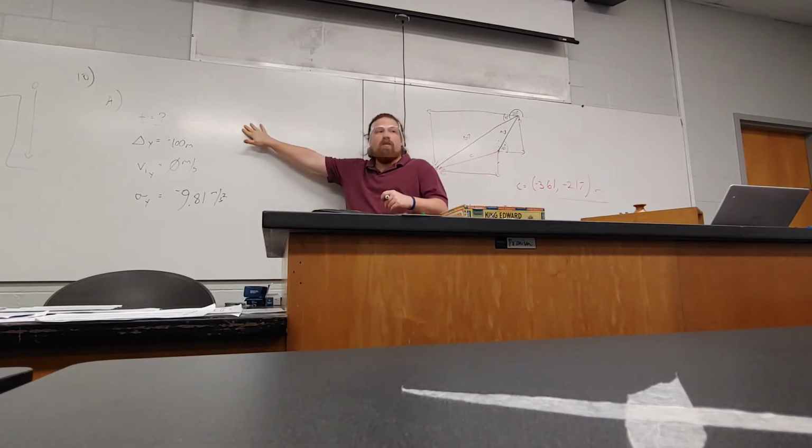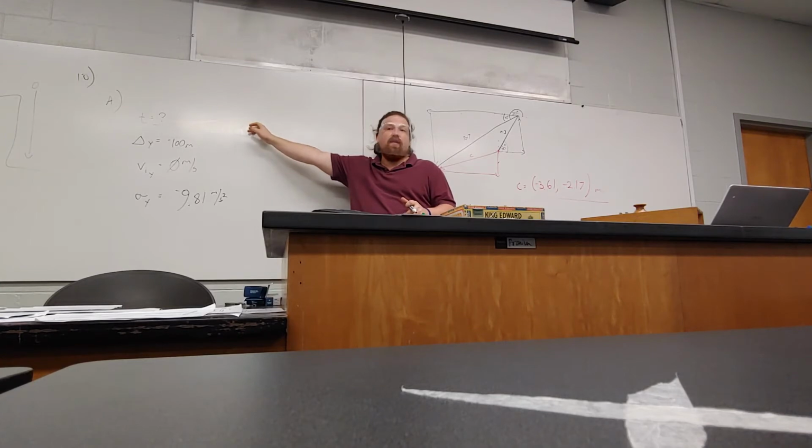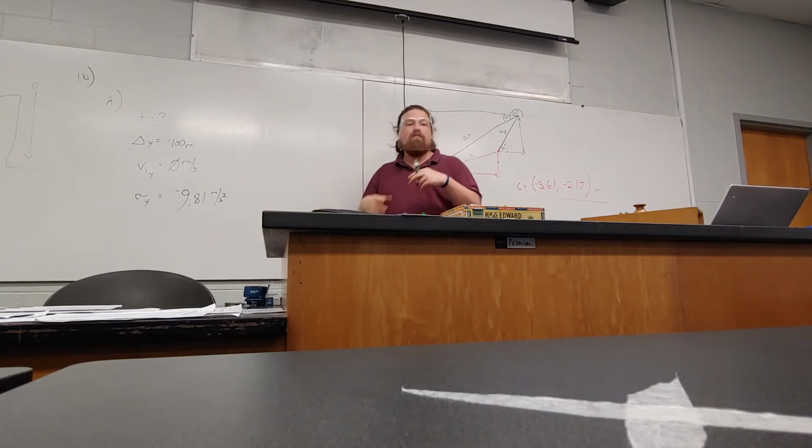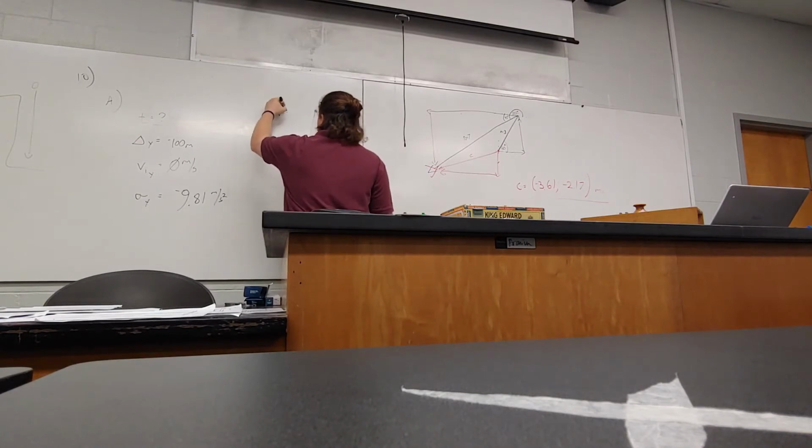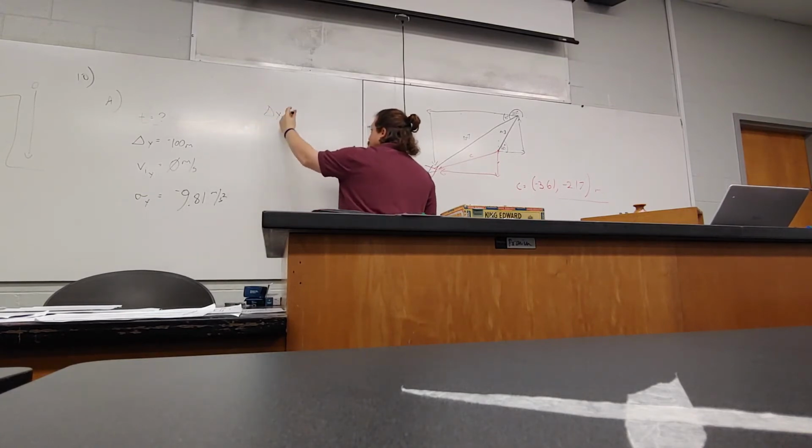We want this one thing. There's only one formula that contains all of this, and that's one of the Fantastic Four. That is formula 3. I'm going to reframe it in terms of y's instead of x's.